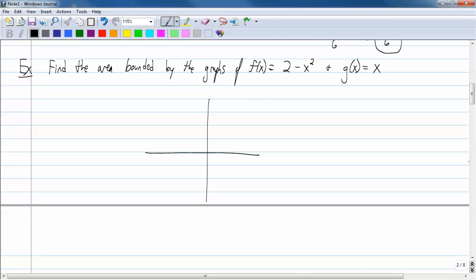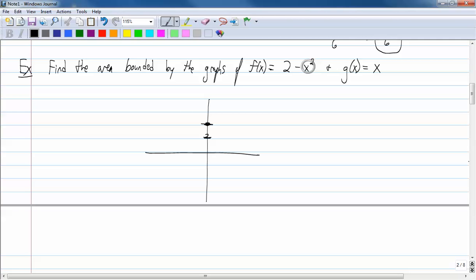And the y-intercept is going to be 2. How do you find the y-intercept? Let x equal 0. So f of x is the same as y, so y equals 2. That's where it's going to cross the y-axis.